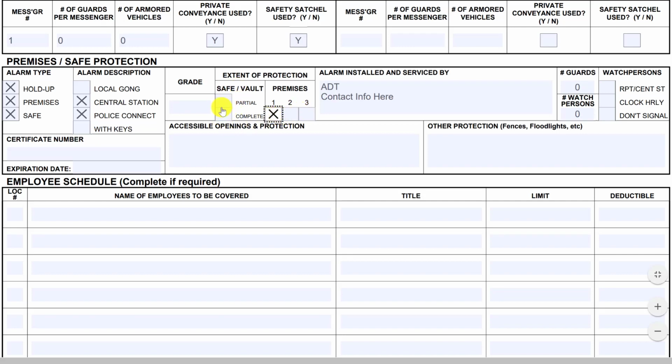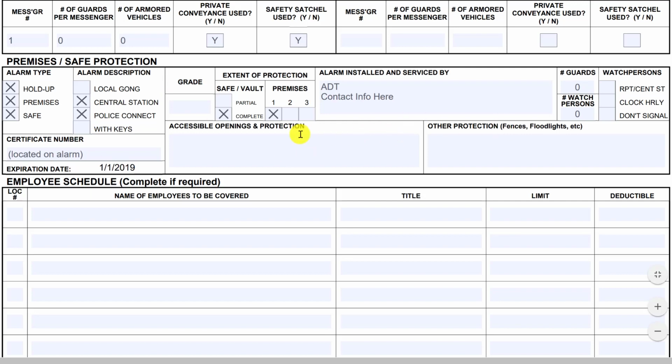And the safe and the vault are completely protected. That means that they have like a contact alarm and like a motion sensor alarm on them as well. Okay, that's the complete. Partial might just be one or the other. Okie doke. Certificate number, again, that is going to be on the safe or on the alarm. Okay, and whenever that certificate expires.